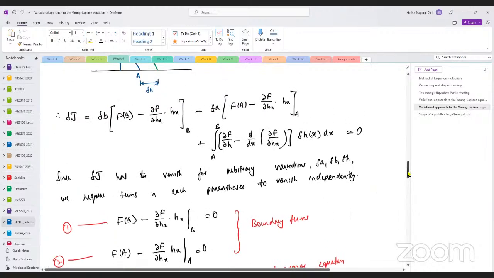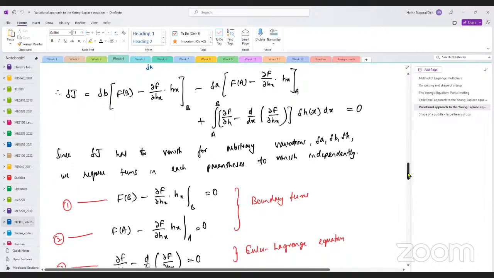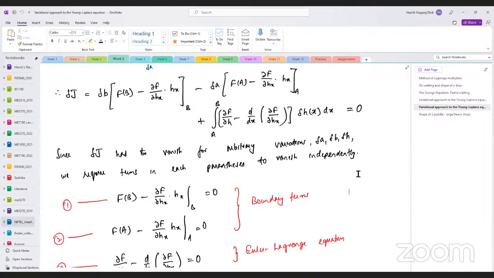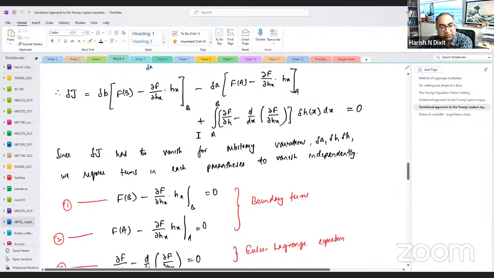Sir, here you have written del A and del B here only. Yeah. Sir, integral of del f by del hx into del hx by del epsilon, where you have integrated this one, del J. Yeah. A little below, sir.